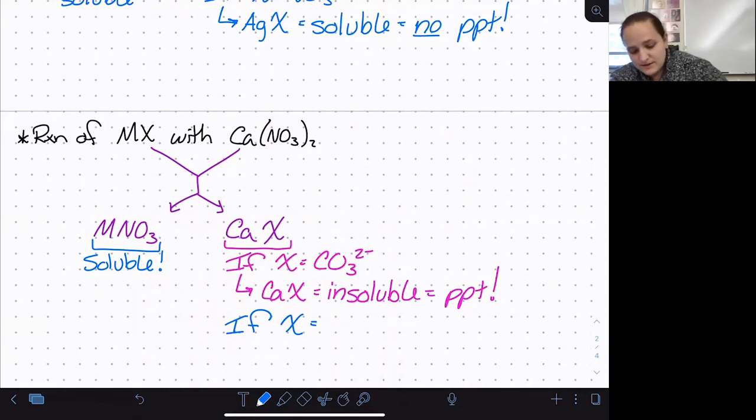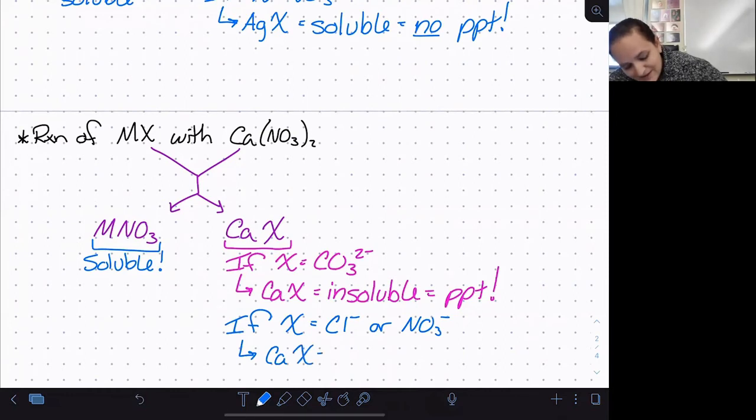If X is chloride or nitrate, then this product is soluble, which means we would see no precipitate.